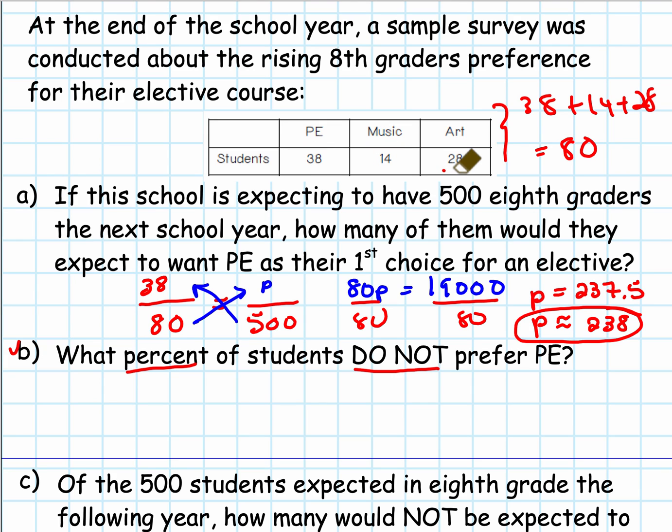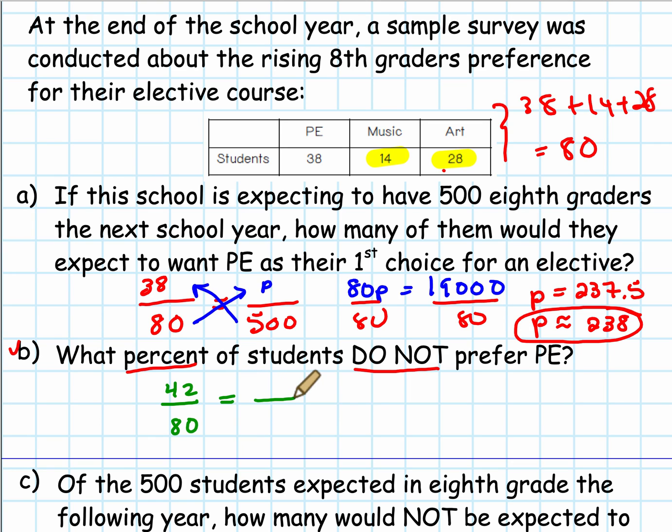It was the ones that chose art and the ones that chose music. If I add those two together, 28 plus 14 gives me 42. So 42 out of 80 did not prefer PE.